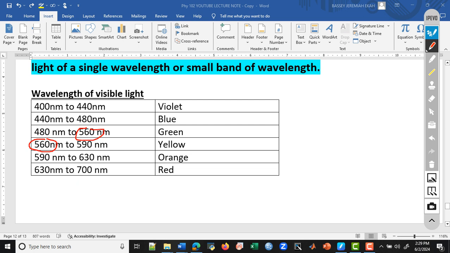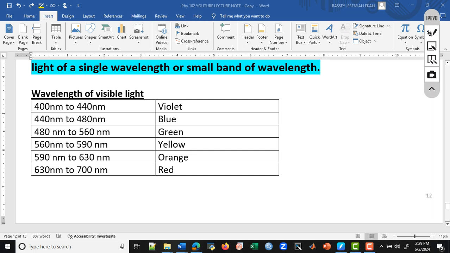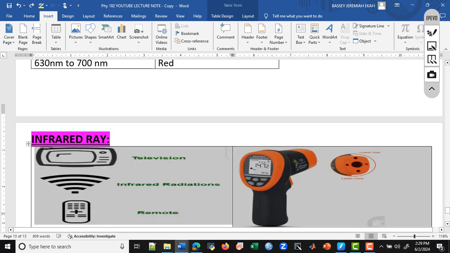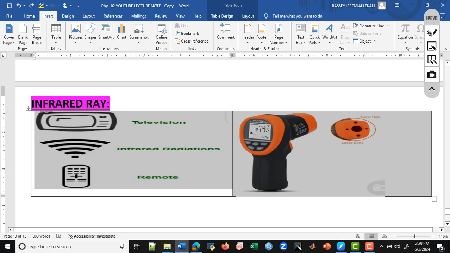Looking at this figure, if you could recall the era of COVID-19, you remember that this instrument was used. Most times you go to the bank, they have to first check your temperature by pointing it on your forehead. This is an infrared thermometer.